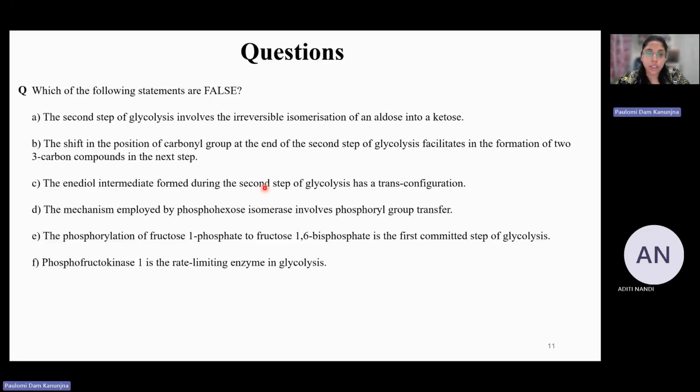Okay, cool. So it says which of the statements are false. So E, you got right. Let me just go over the others quickly.